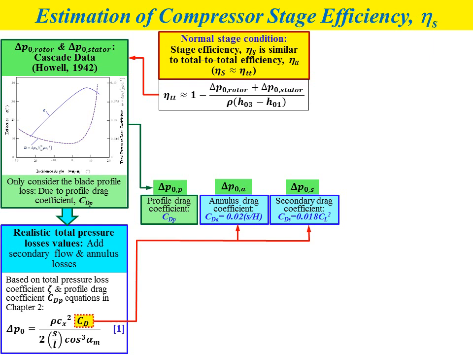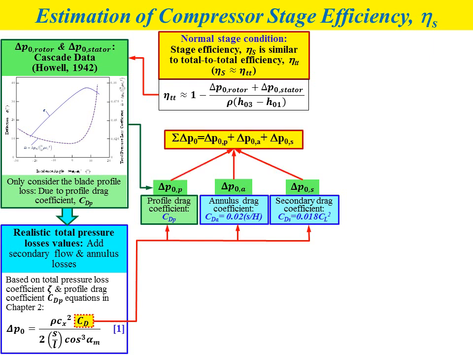In order to obtain a more accurate total efficiency, we need to combine the total pressure losses due to the different types of losses.